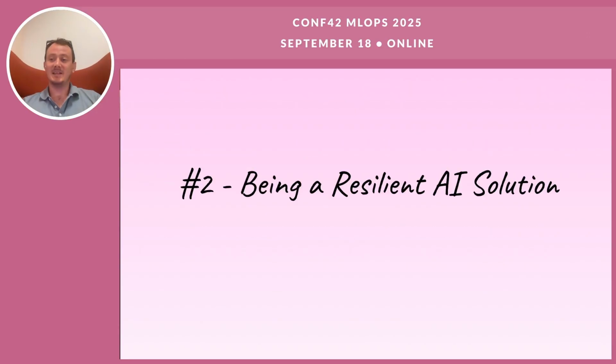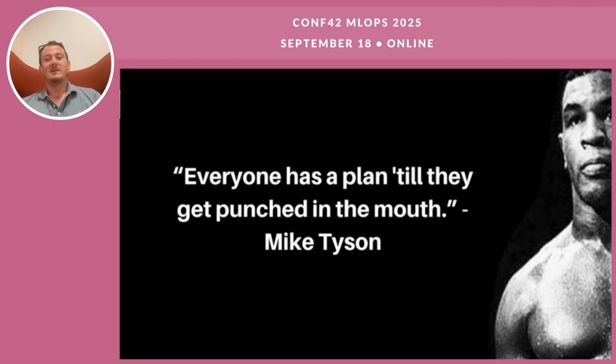All right. The second topic is how we're building a resilient AI solution. So we understood how to handle the load and the rate limit, but rate limit and load are not the only case. And I would quote one of the best engineers, Mike Tyson: everyone has a plan till they get punched in the mouth.